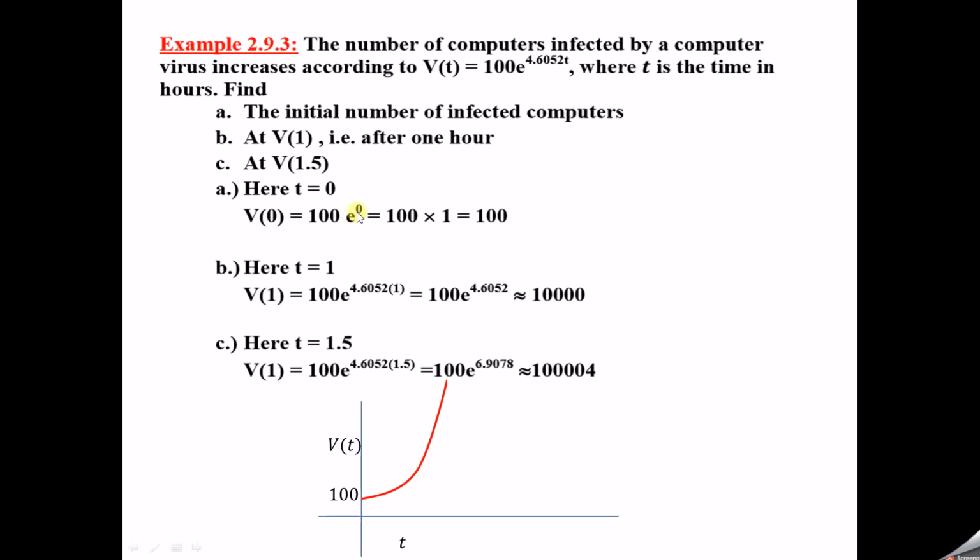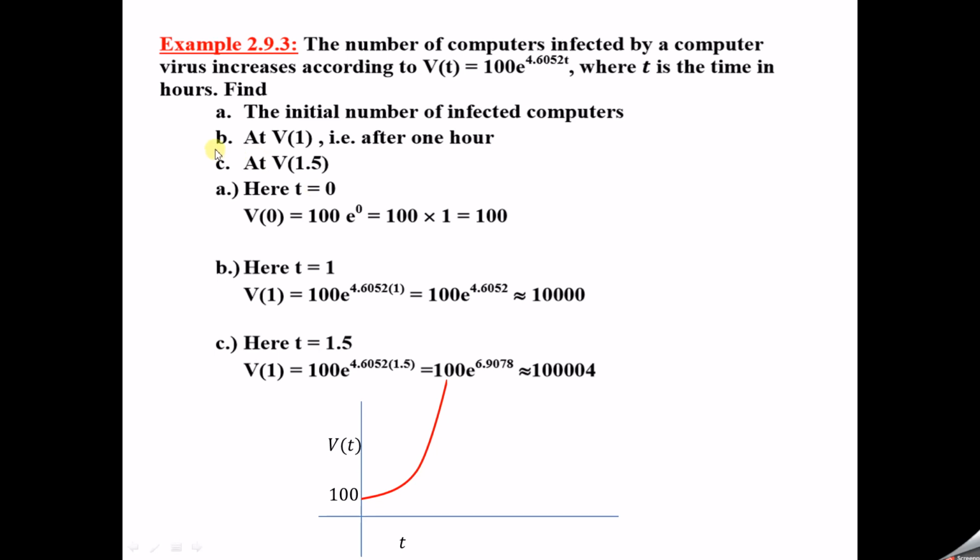Any value power 0 is 1. Therefore 100 times 1 is 100. So when time t is 0, the number of infected computers is 100.